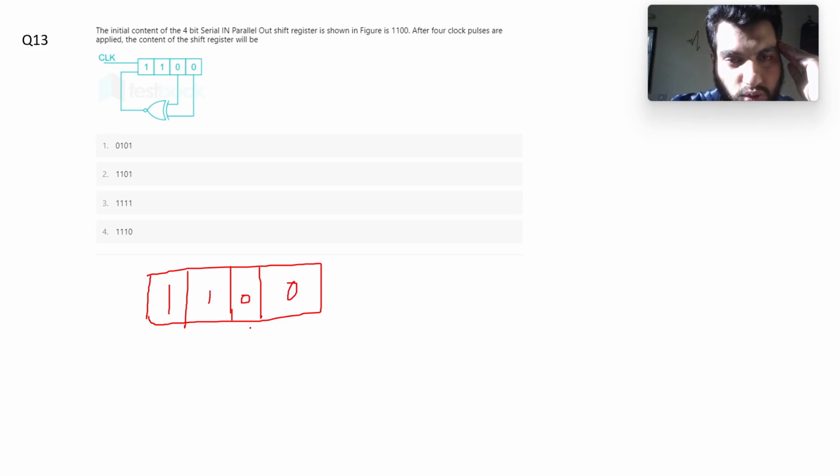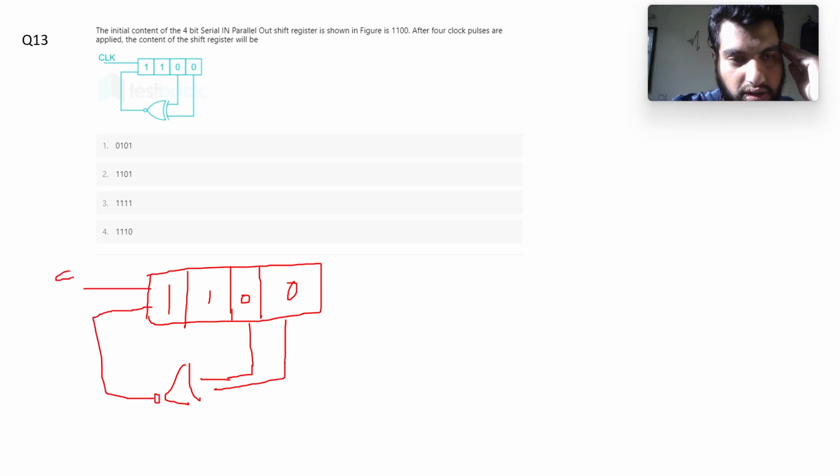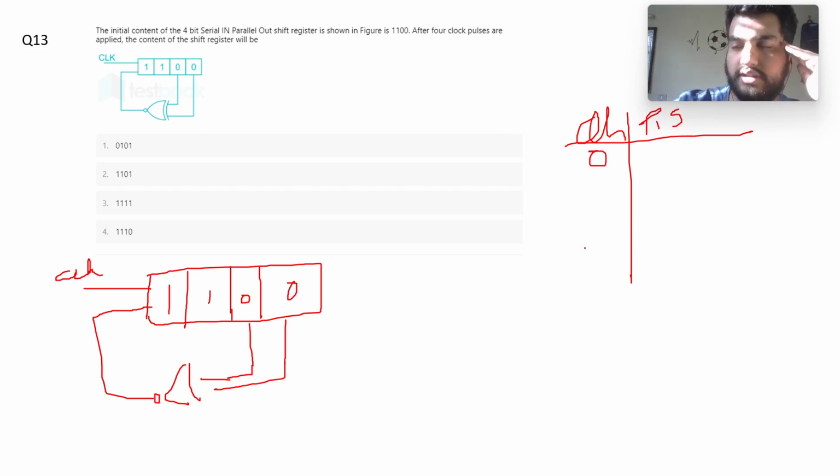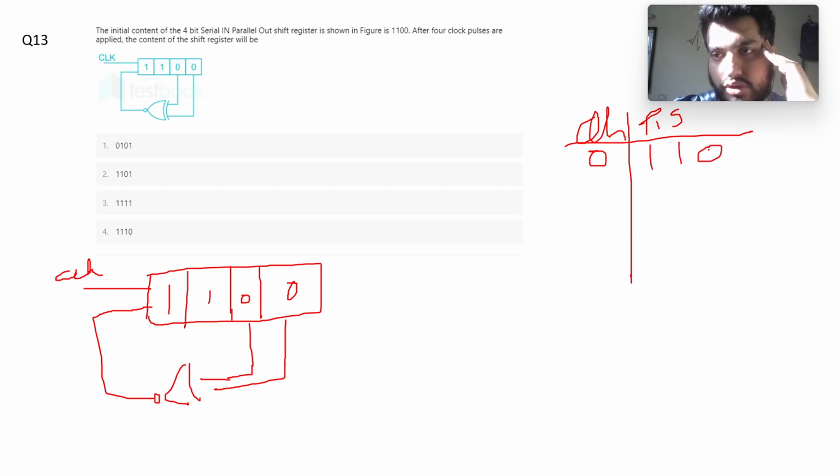What happens here is these two outputs get XNORed and applied to the input here, and here we have the clock. So we'll write here clock 0, and this is the present state. When clock was initially 0, the contents of the register were 1100.